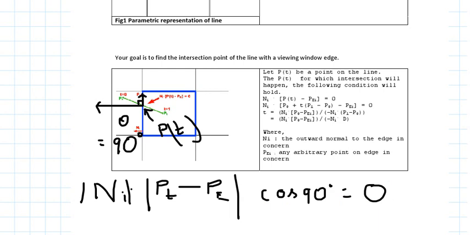This is the phenomenon which we are going to use in this Cyrus-Beck line clipping algorithm.